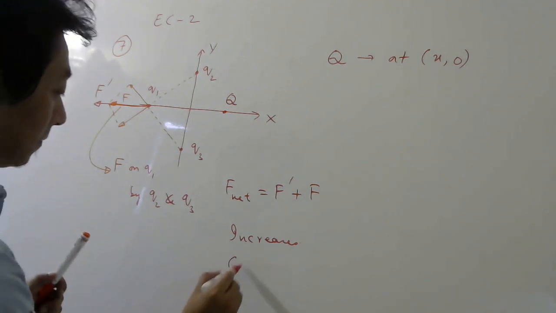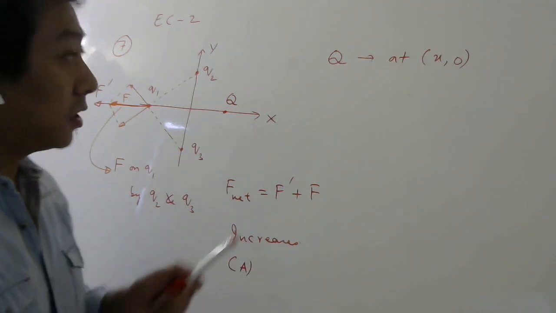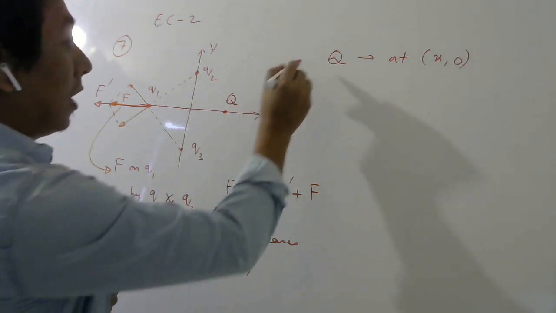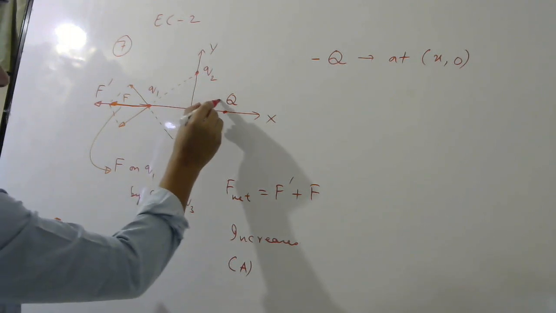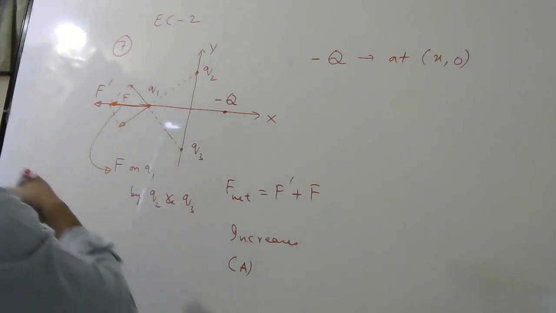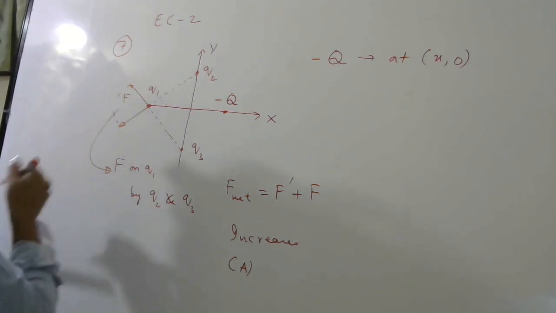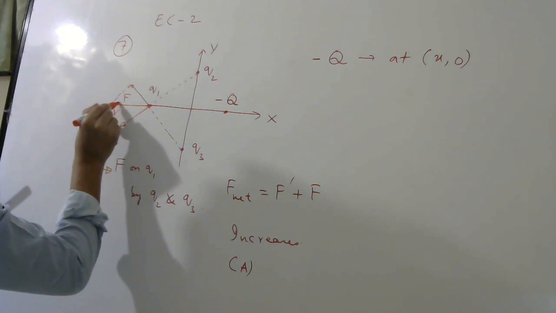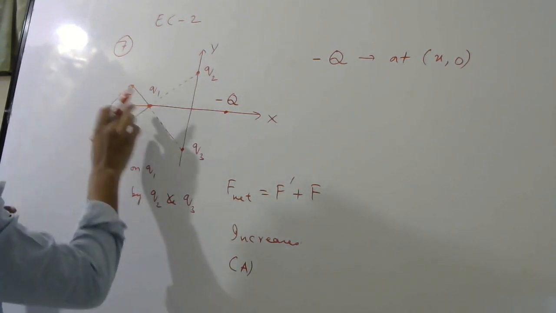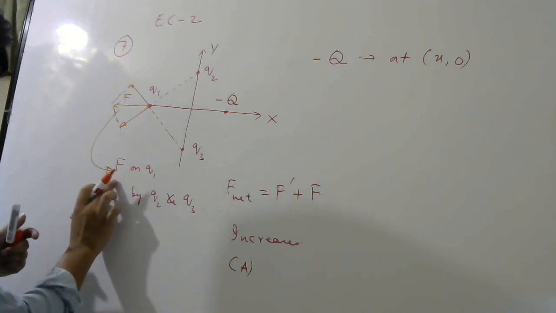So which is the right option? Option A. Now think what would happen if, instead of adding capital Q, I add minus Q. Already there was a force capital F, which is the net force on q1 by q2 and q3. This they have given in the question.